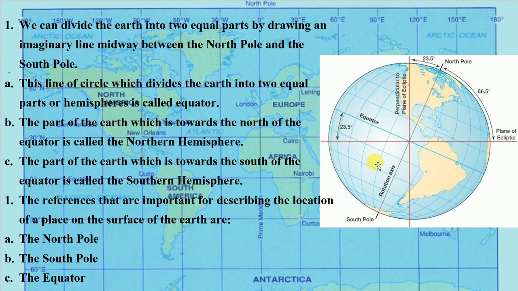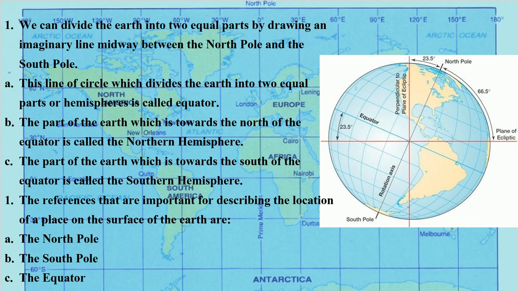So we have already got three reference points for describing the location of a place. The first two reference points were the north pole and the south pole, and the third one which we got here is the equator.